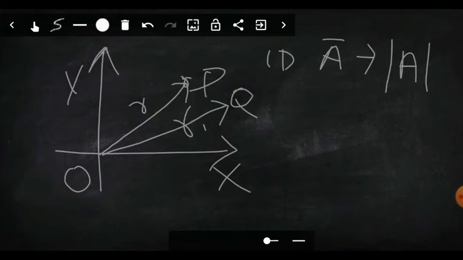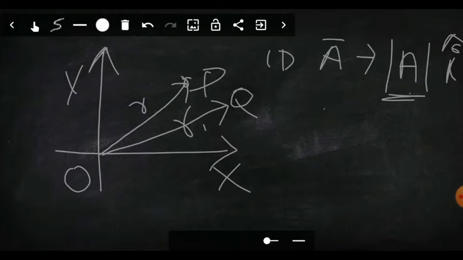So suppose this object is moving along the x axis, then to represent that vector A, we use the magnitude of that vector, then the direction. To represent the direction of that vector, we use this i cap. So magnitude into direction.